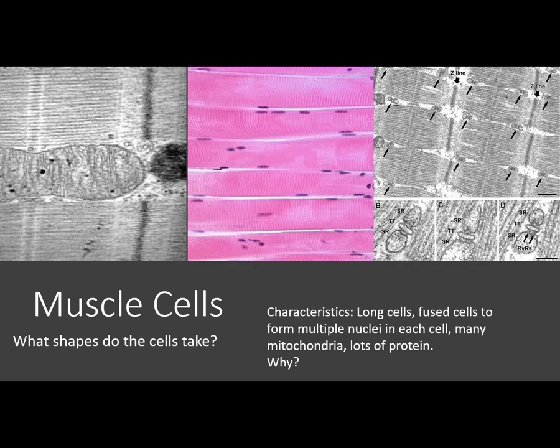If you need to go back and see your notes about mitochondria and what they do, and maybe what protein does and things like that, go ahead, but pause the video, and I want you to write down why you think muscle cells have these characteristics.